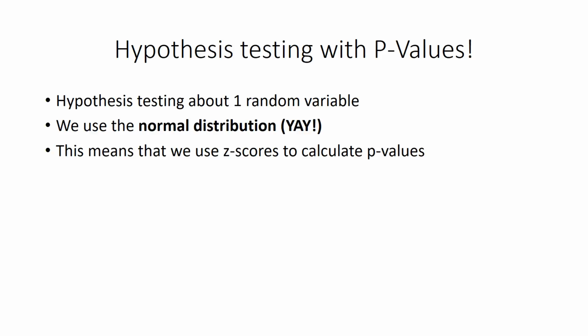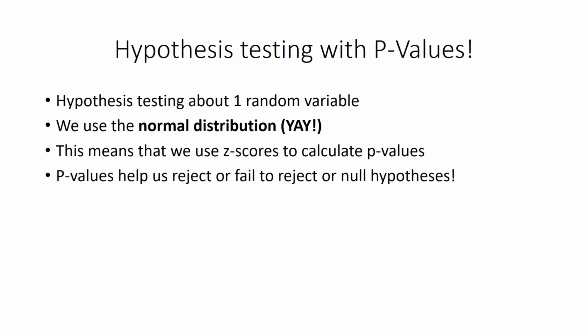And then we use our z-scores in order to calculate p-values, and our p-values, depending on how big or how small they are, tell us whether or not we will reject or fail to reject our null hypotheses.